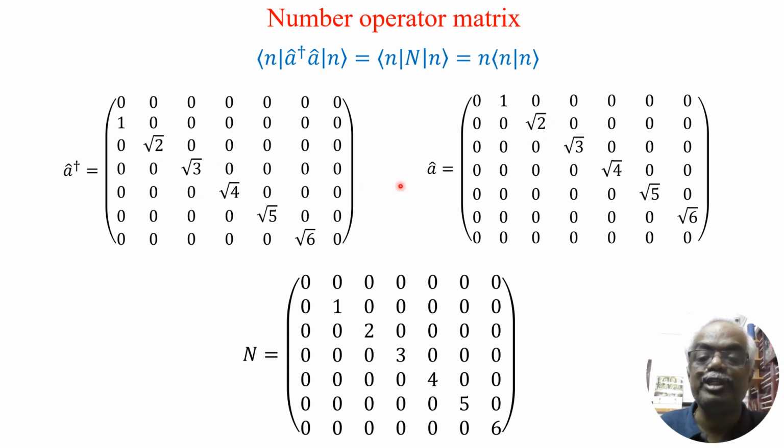Similarly, square root of 3 times square root of 3 will become 3. So a dagger a exactly gives this. So you need not multiply a dagger a. Just from this, you can conclude this relation. Now you understand why a dagger a is called the number operator. It gives the number, which is nothing but your eigenvalue.